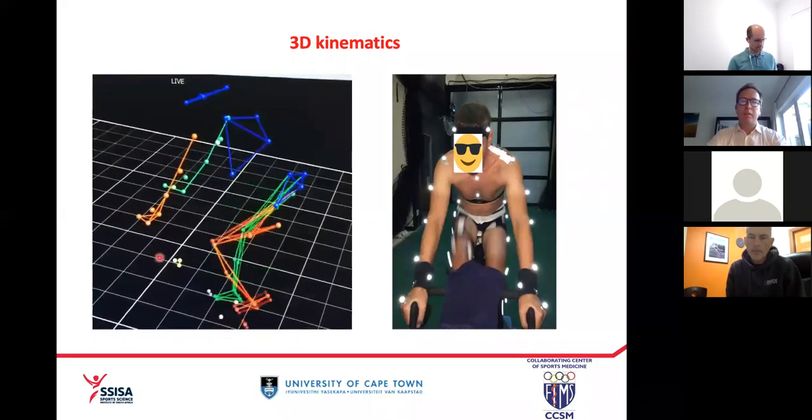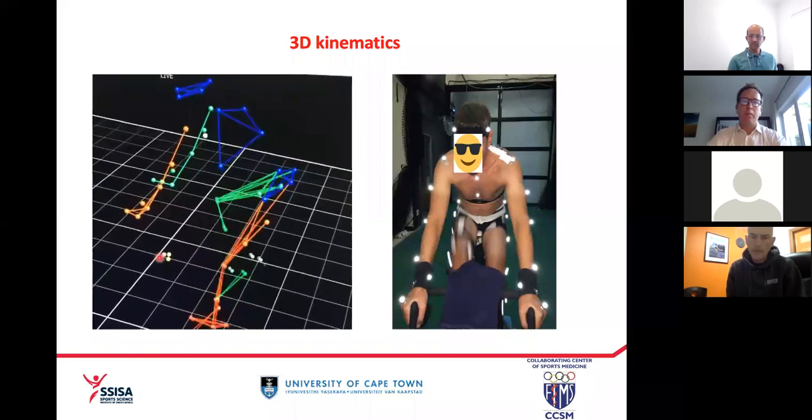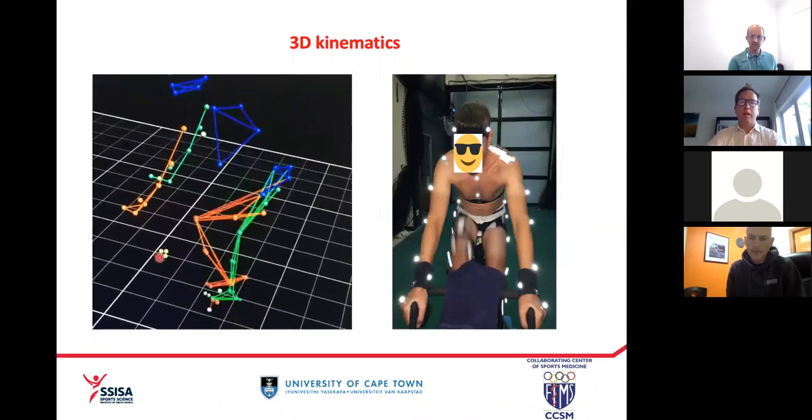So it's an extremely sensitive system to all planes of movement and is used in research, but is not an easy system to use in everyday practice, and also not an affordable system, and certainly not affordable by bike fit practitioners.